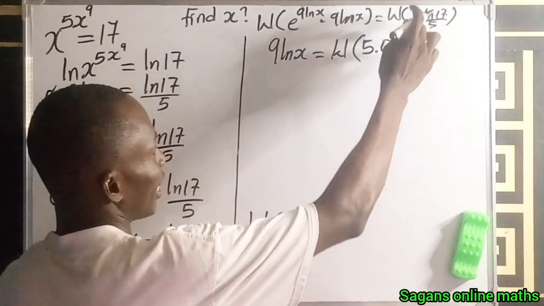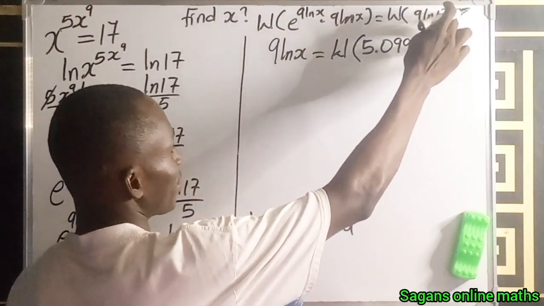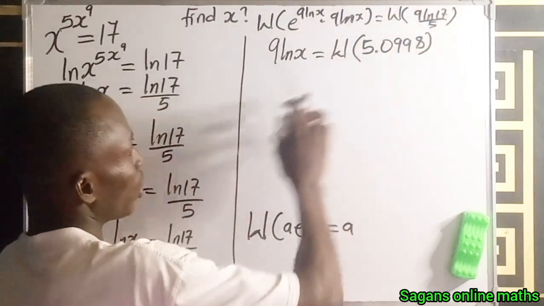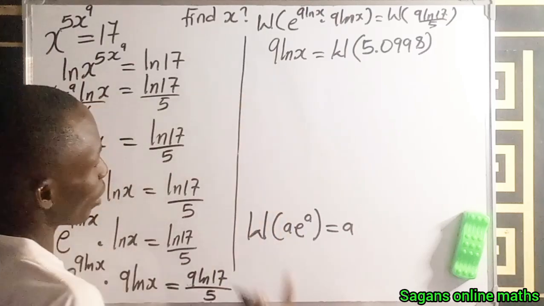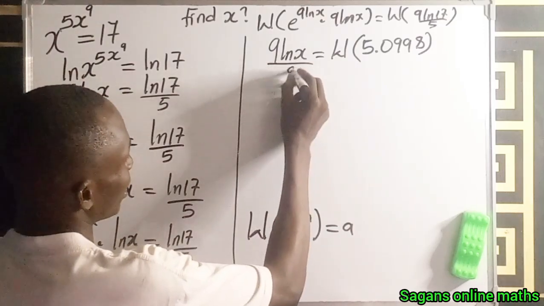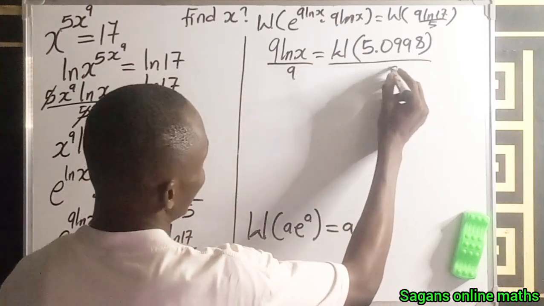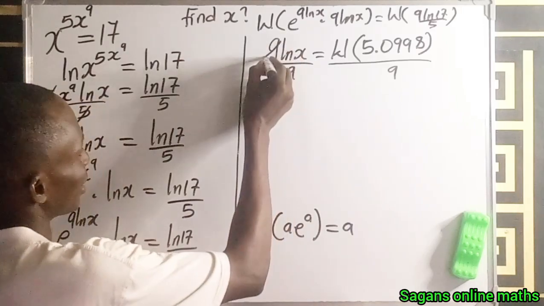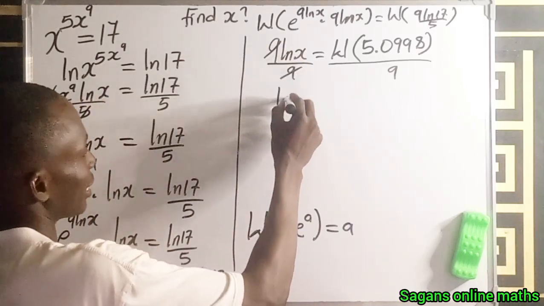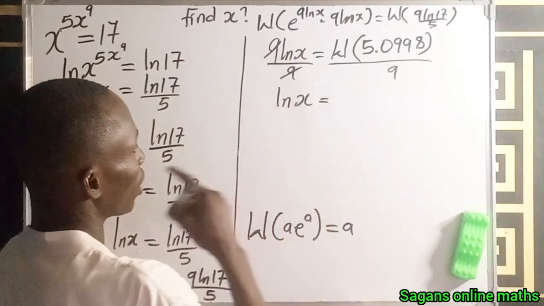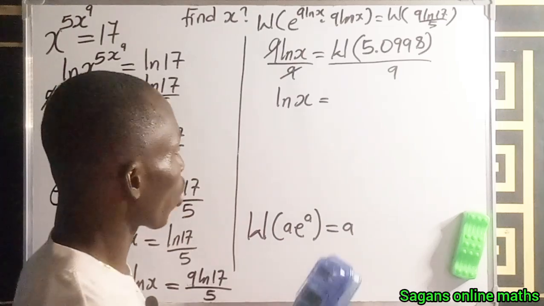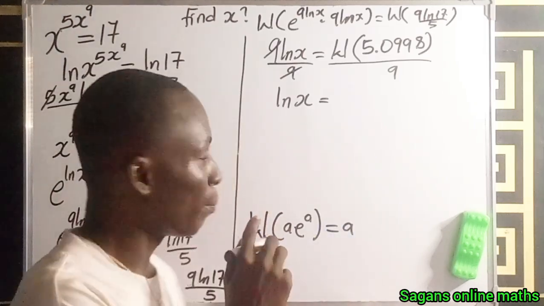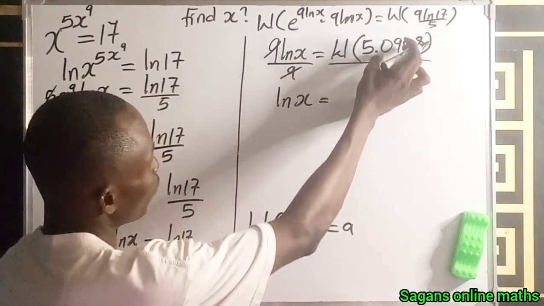Now take note that 9 ln 17 divided by 5 gives us this. So because we're looking for x, if we divide here by 9 and divide the whole of this by 9, this will cancel out this, so we are left with ln x equals the W function of this value divided by 9. Remember that not all calculators have this operation, because we have to know the W function of this value.